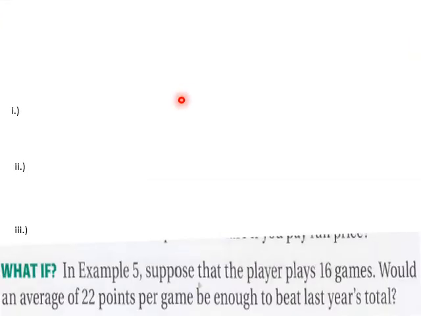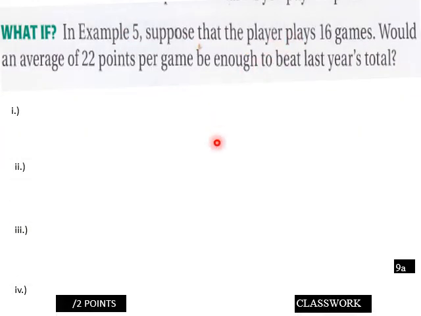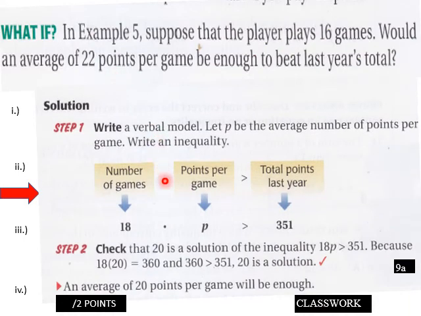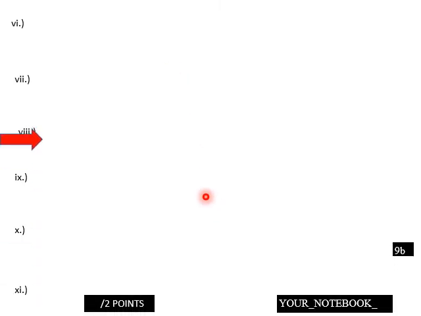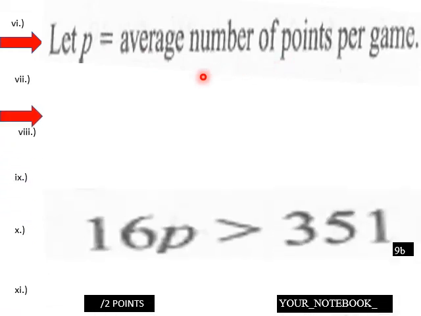So in example 5, suppose a player plays 16 games. Would an average of 22 per game be enough to beat last year's total? We have 351, and an average of 20 points per game would be enough. Okay, so now 22 points with 16 games. Let P be the average number of points per game.